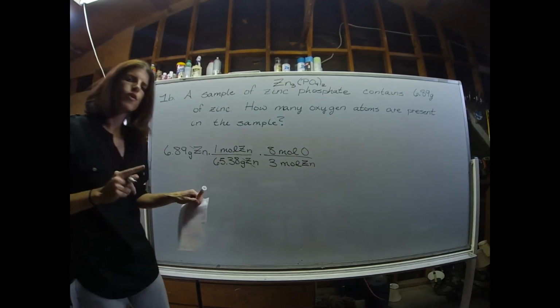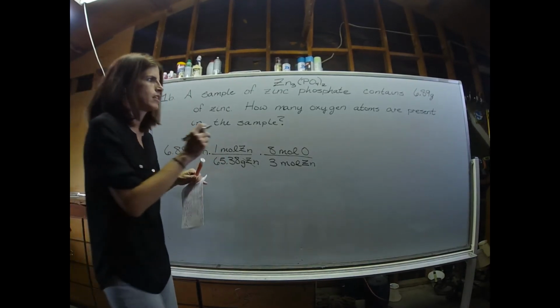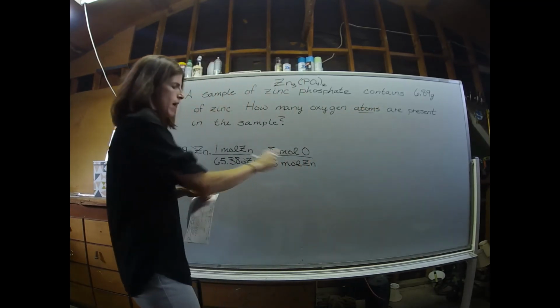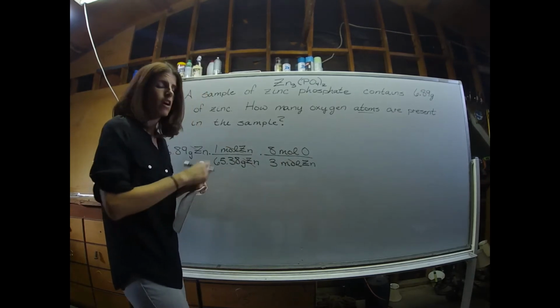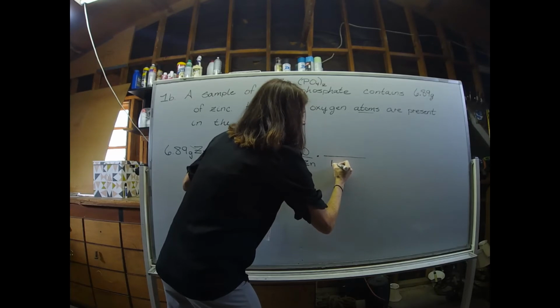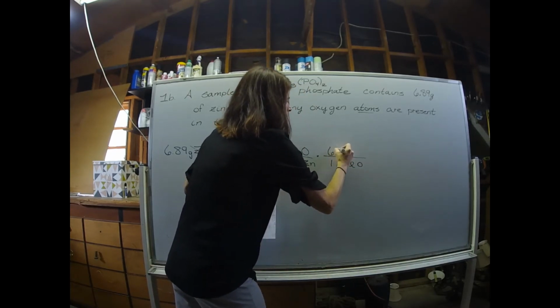And just like our previous problem, they're asking us about individual things. So they're asking us about individual oxygen atoms. Being at the mole level, I need to use Avogadro's number to get rid of moles of oxygen and turn it into atoms of oxygen.